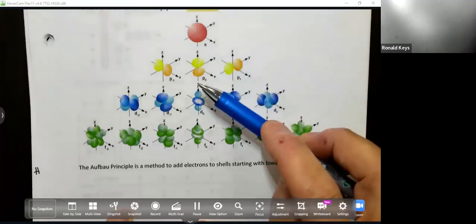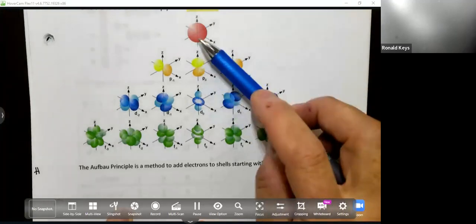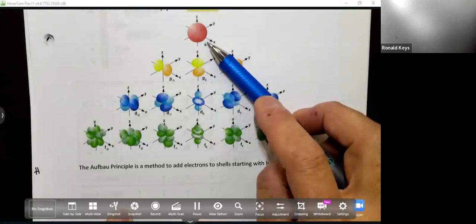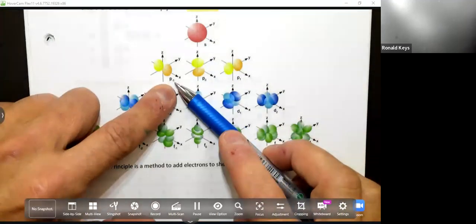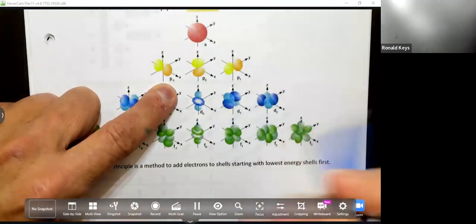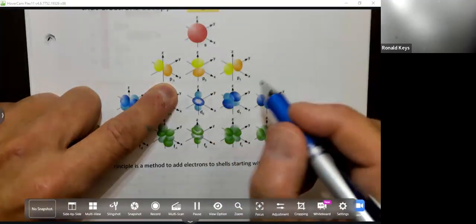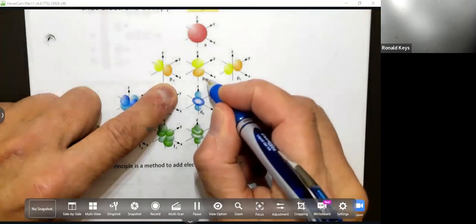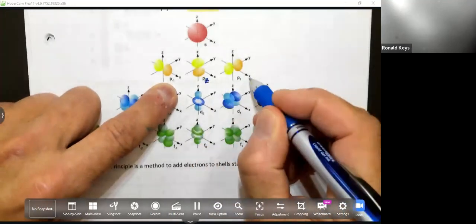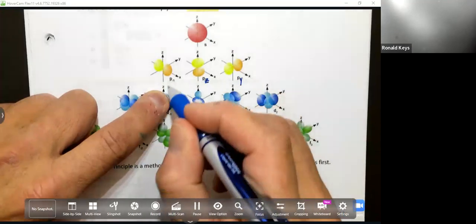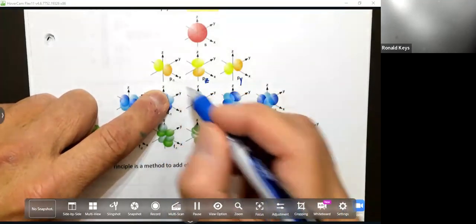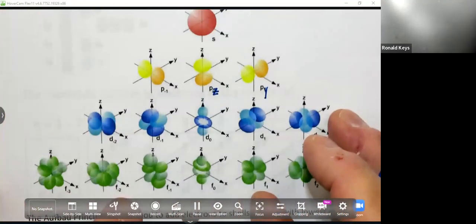After that, we need to go to energy level 2. Energy level 2 still has a spherical shaped orbital, but now we also have p orbitals. You can have 3 different p orbitals. They're dumbbell shaped. They look like the weightlifting dumbbells that you see here.